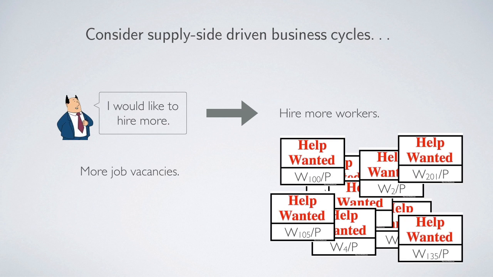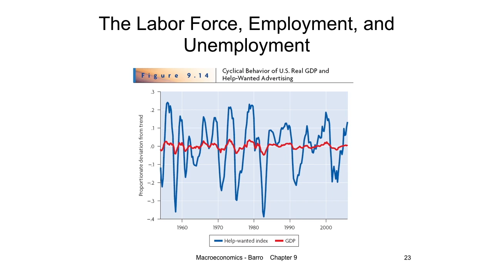If there are more job vacancies, then automatically it would increase the chance of a person obtaining a job offer, H. That's why we see from the data that whenever real output productivity goes up, the help wanted index goes up. This index means how many job vacancies are available in the market. So it is cyclical, from the theory that we just presented.